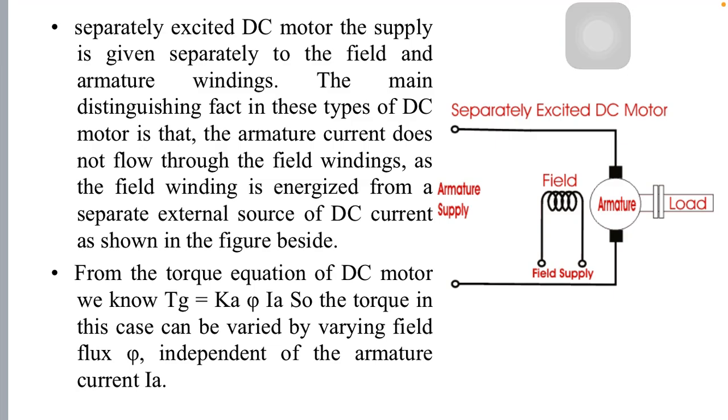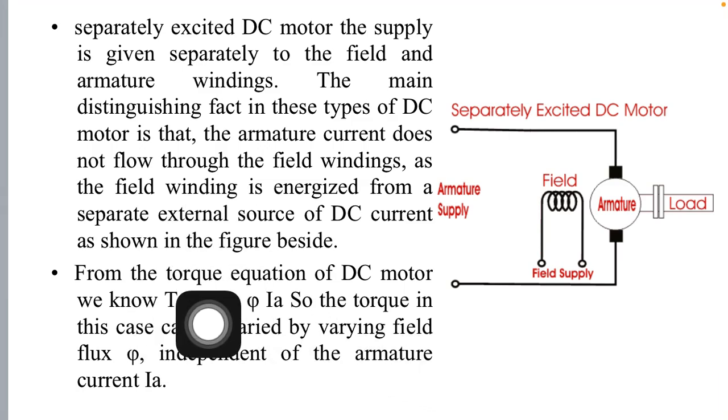Torque equations of the DC motor, we already did the torque equation in the video as well as the lectures, I think. The torque equation concludes that T is directly proportional to flux phi into IA. If we want to eliminate the proportionality, we use a constant K. So Tg is equal to K into phi into IA. K is a constant, an independent term which we do not change after the design.